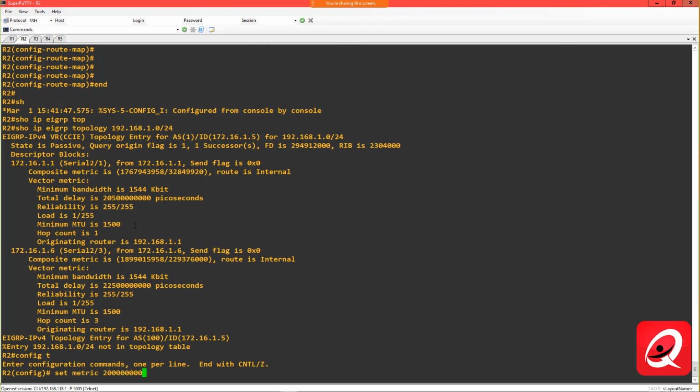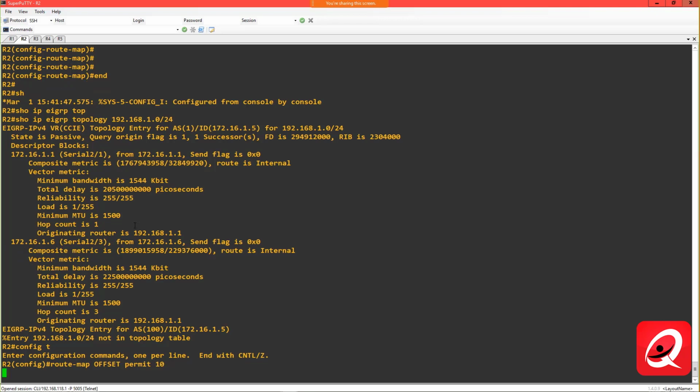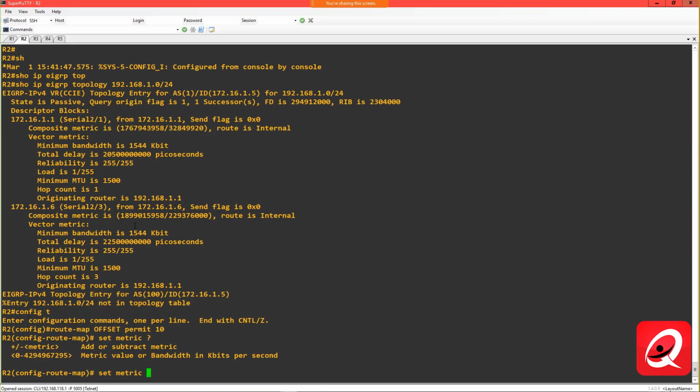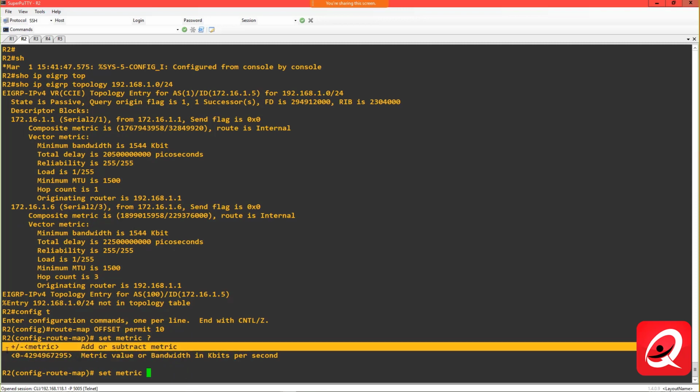Well, you know what? You might be right because maybe it's not a set metric. Maybe we have to set the metric values that are going into the calculation, right? Basically, the set metric is only for BGP, OSPF, and RIP. There's the dang add and subtract.